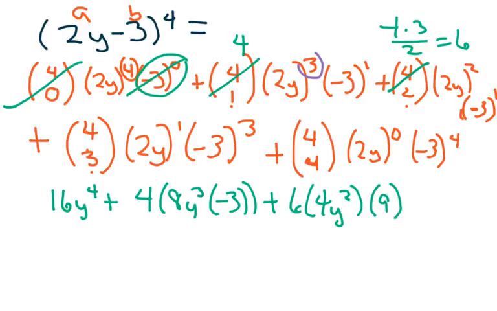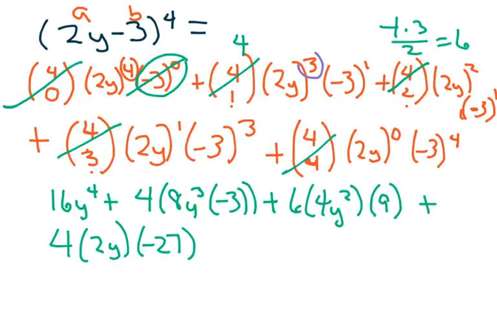All right? Plus, this equals 4 again. So we have 4 times 2y times negative 27. This equals 1. This equals 1. And so we're just adding 81.